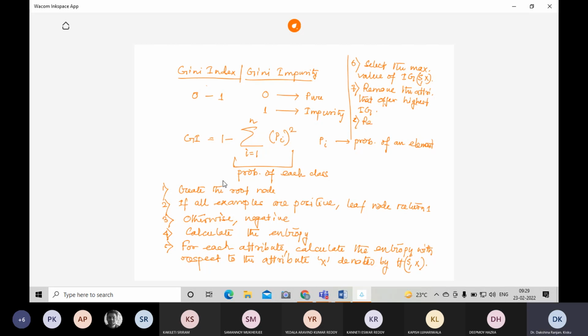So we will repeat these steps until and unless we run out of all attributes. So these are the steps by which we can construct a decision tree based on the feature values.